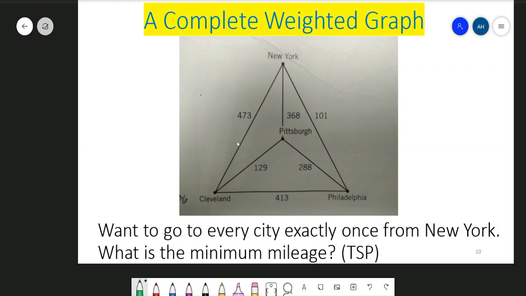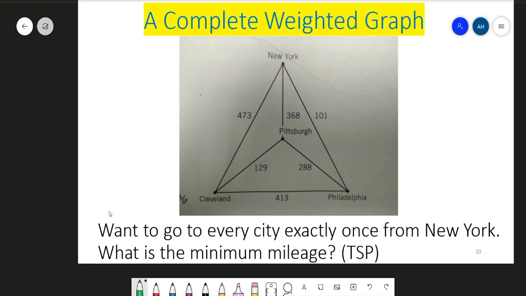From New York you should go to Cleveland first, and then to Philadelphia, then to Pittsburgh, and then come back to New York. Or maybe you go from New York to Philadelphia first, and next to Pittsburgh, from Pittsburgh to Cleveland. The question is, which way is the best way? The best here means the minimum mileage.